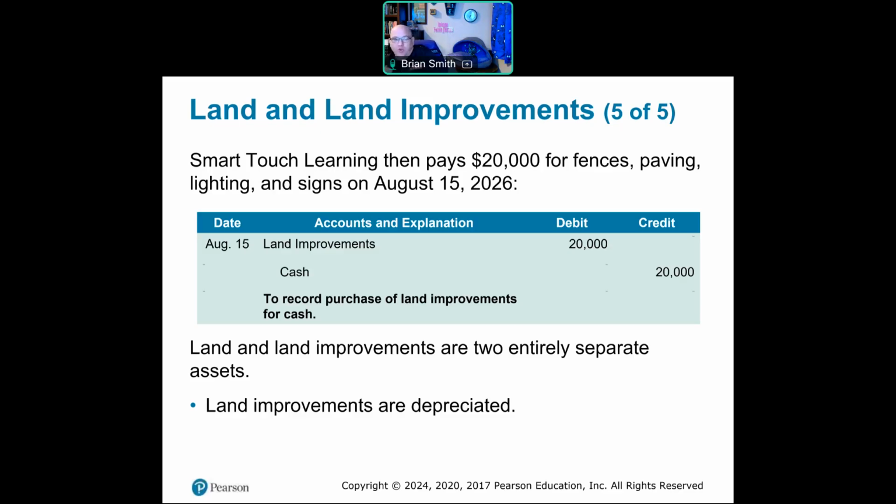If you're an actuary, you could come up with stuff like this too, and you're probably in high demand and make lots of money, but you'd be very busy. But I digress. The engineers would say, this land is X, these land improvements are Y, these other property, plant, and equipment are this.